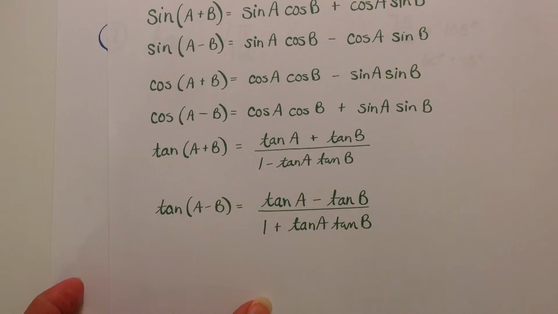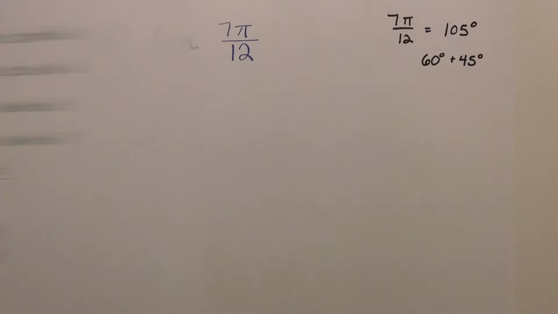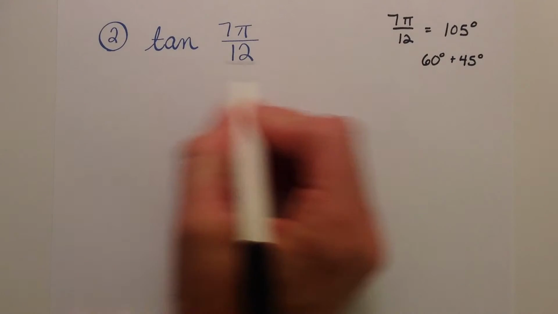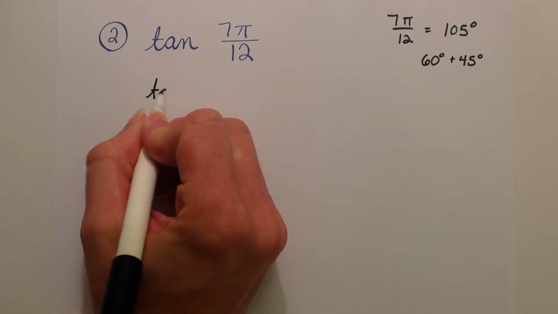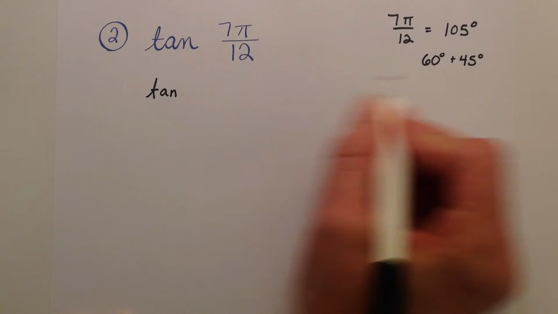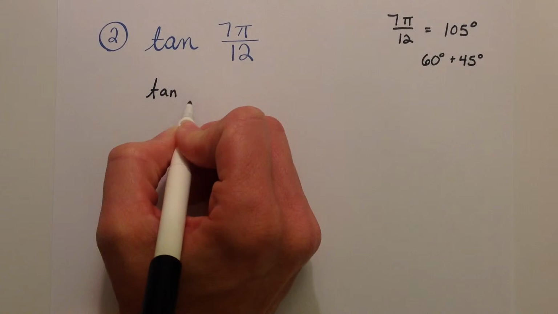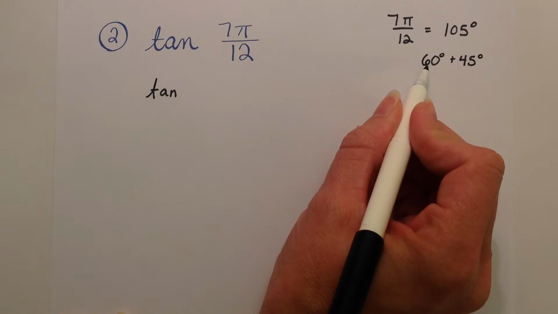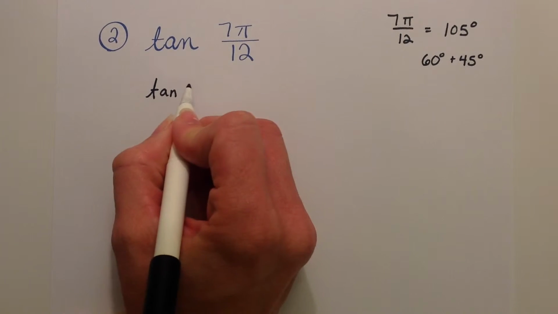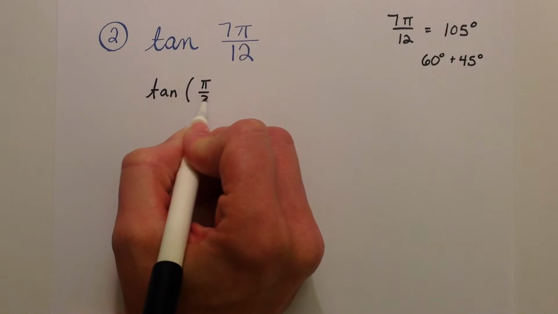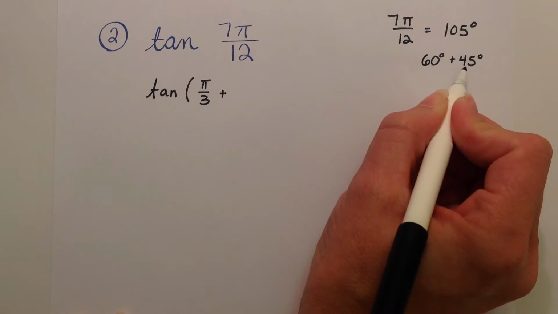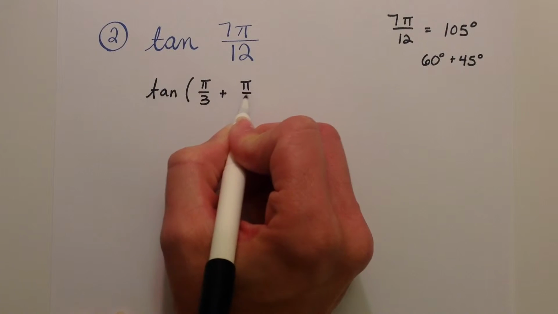So again, the way I have it written, my A, well, let me rewrite it here. I have tangent. Now, I've got it in degrees over here, but since this is in radians, then let's write it here in radians. So the 60 degrees would be pi over 3, plus, and of course, 45 degrees is pi over 4.